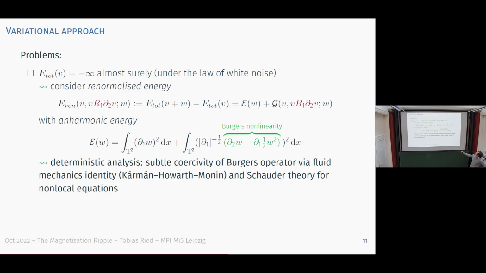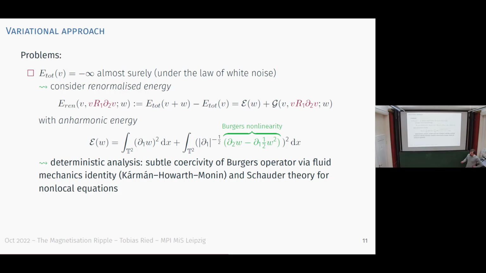So, here this is another law of white noise. If you just subtract this divergence, if you subtract the total energy of the linear solution, then this is the only problematic term, and by shifting the energy by this infinity, you end up with something that is well-defined.